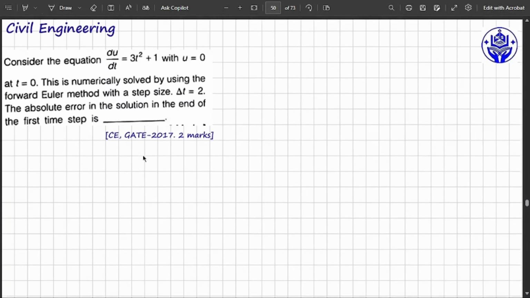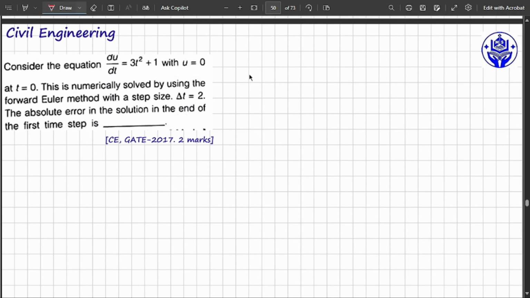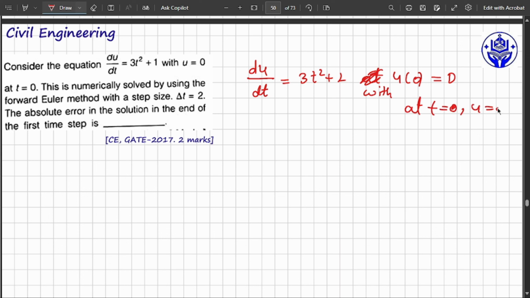Next. Consider the equation du/dt = 3t^2 + 1 with u0 = 0. It means at t = 0, you have the value u = 0. The forward Euler method is applied with delta t = 2, which means h = 2.